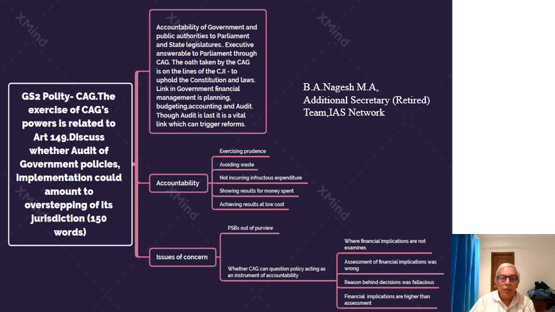These are the 5 elements of accountability which are being enforced through the CAG. So there is no question of the CAG overstepping its authority. It is only acting as an instrument of financial accountability, highlighting what has gone wrong and what steps could be taken to prevent recurrence of such issues.